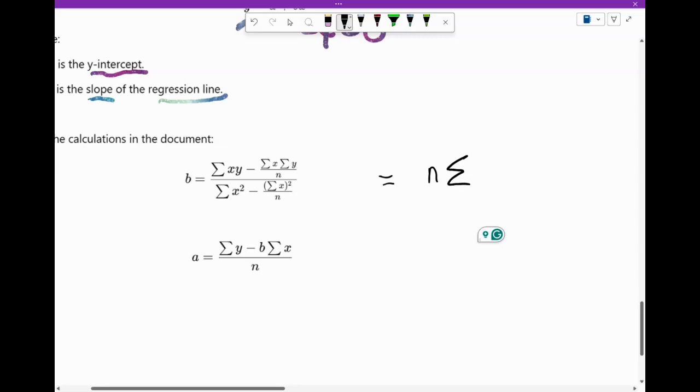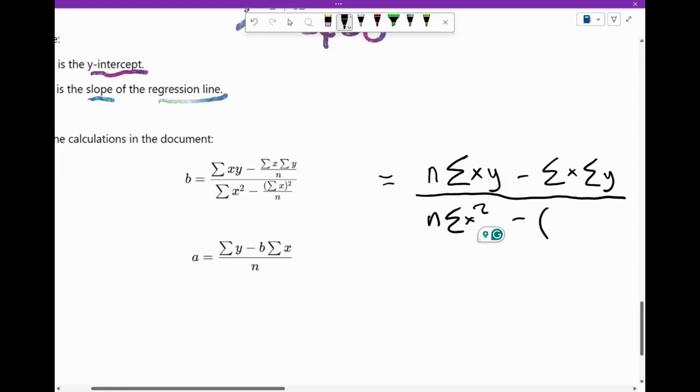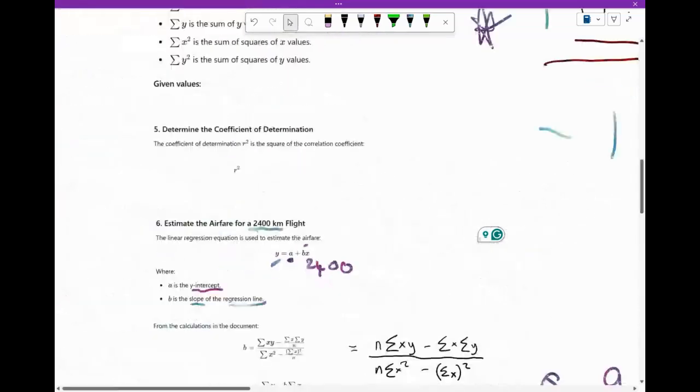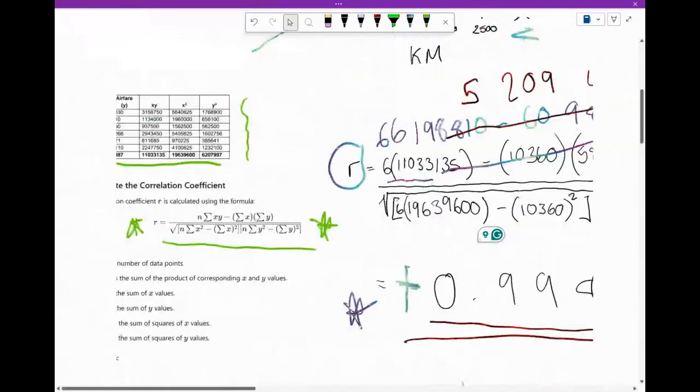You can use this formula as well, over n minus. So again, we're going back to that table that we had over here and using that.